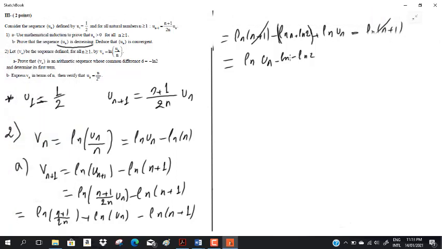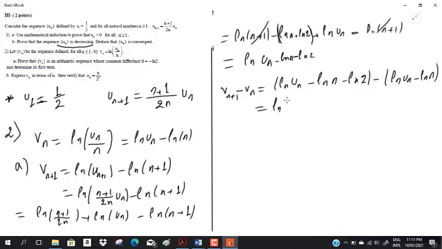Again, we calculated Vn plus 1 and found logarithm of un minus logarithm of n minus logarithm of 2. Vn plus 1 minus Vn equal logarithm of un minus logarithm of n minus logarithm of 2 minus logarithm of un plus logarithm of n. ln of un minus ln of un vanishes, minus ln of 2 plus ln of 2 no, minus ln 2 remains.